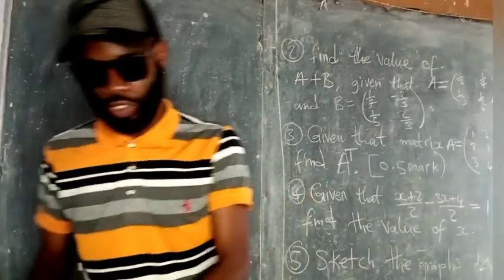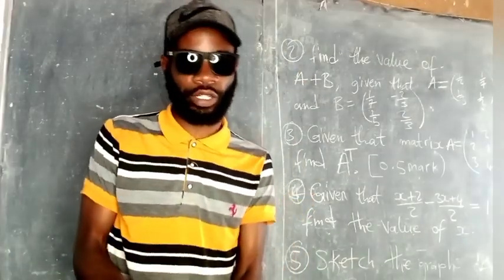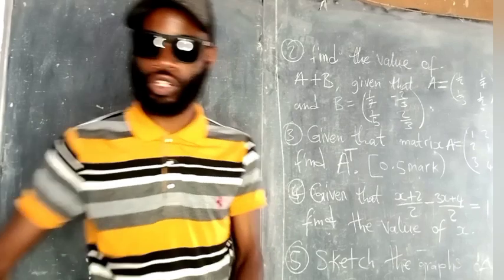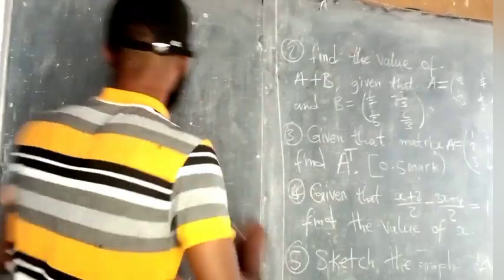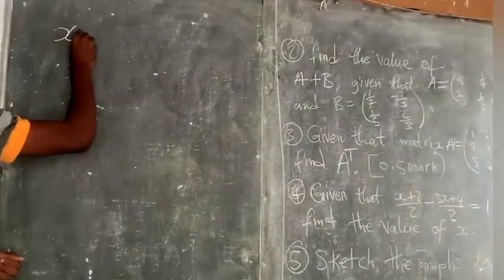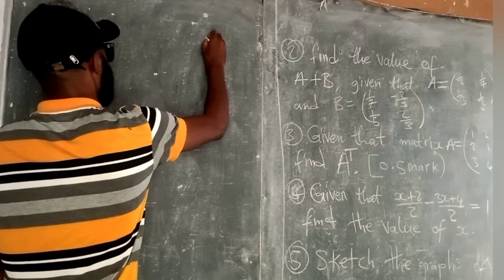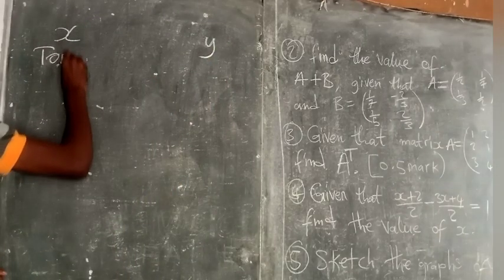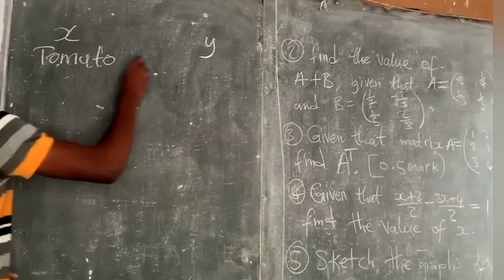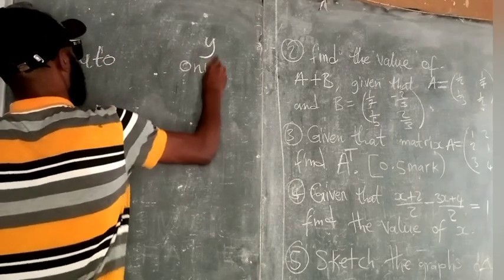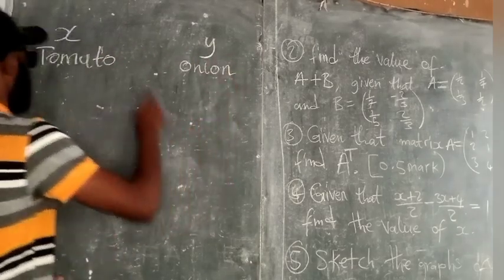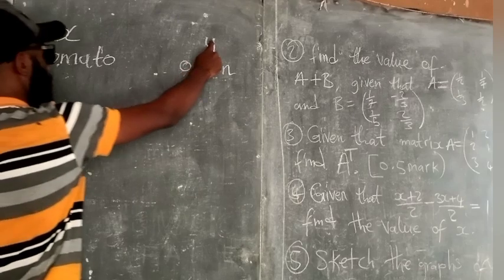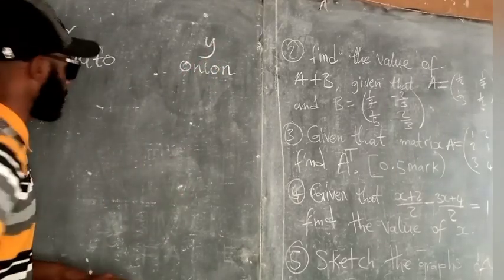All right. So we have already agreed that the tomatoes are going to be represented by letter X, and the onions by letter Y. So this is tomato, and this side we have onion. Letter X for tomato, then Y represents onions.